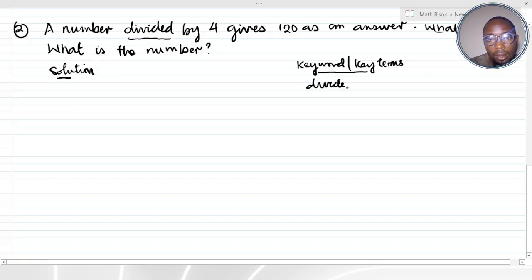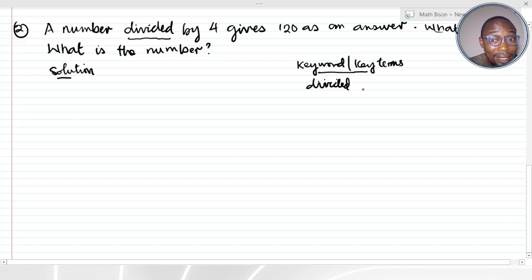Divided. Why is it key? It is key because if we change that word, then the answer will change. The whole word will change. Divided is key. If you're going to get this question right, divided is key. Divided, not summed. It was not subtracted.